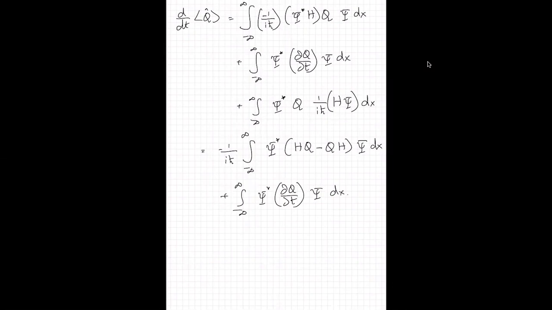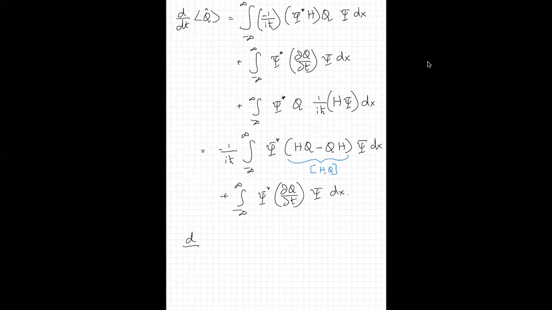And this is nothing but the commutator of H and q. If I sandwich any operator between psi star and psi and integrate, I'm taking the expectation value of that particular operator.